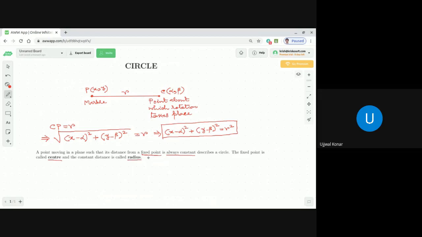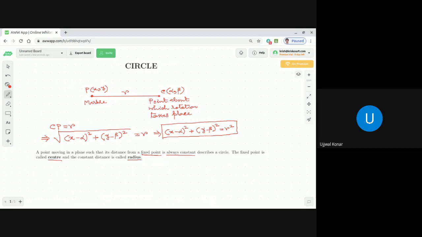So dear students, a circle has two attributes. Whenever we say a circle, what are the two attributes? The first attribute is its center, meaning the coordinates of the center. The second attribute is the radius. Without these two, we cannot determine the circle uniquely.